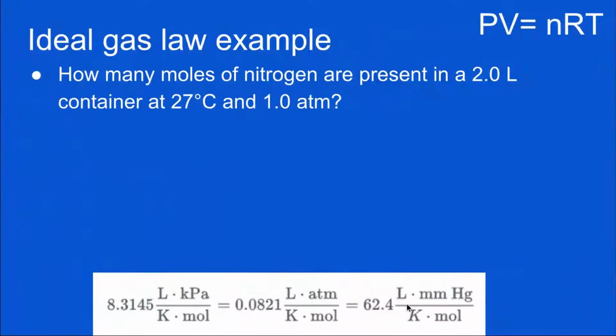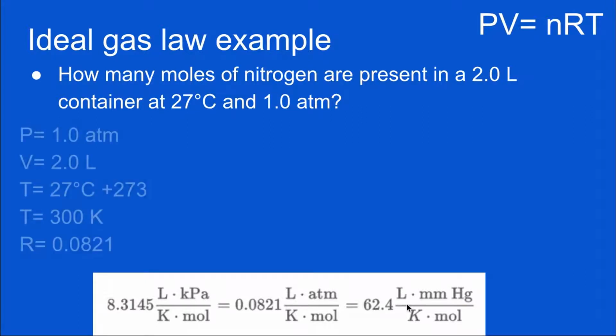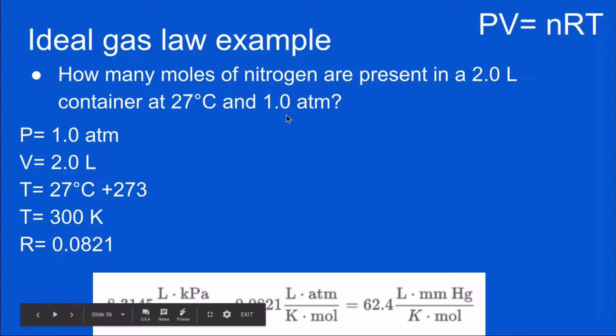So let's see how to solve a problem with the ideal gas law. A question might look like this: how many moles of nitrogen are present in a 2.0 liter container at 27 degrees Celsius and 1 atmosphere of pressure? So again, as long as you can read this problem and draw information from it, then you know what to plug into your formulas. So these are the things we can draw from the problem. We know that the pressure is 1 atmosphere.